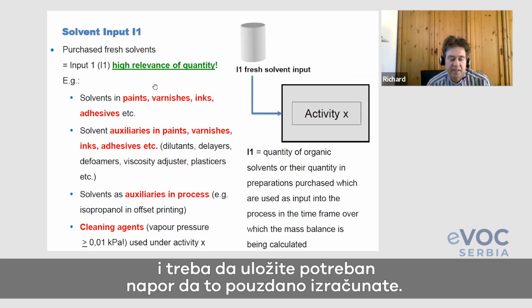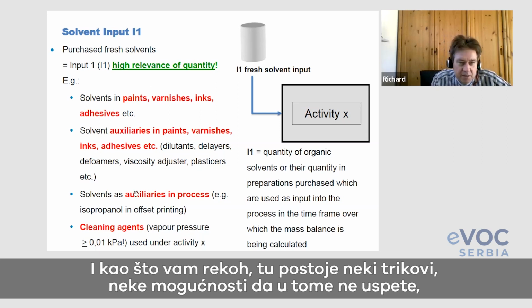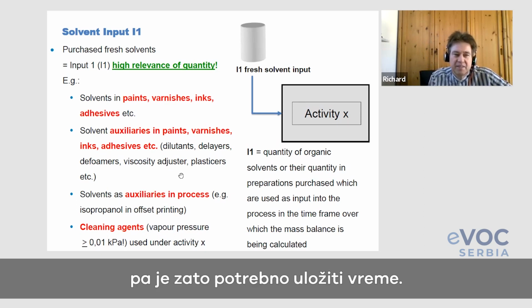You should take a lot of care and effort to get a reliable calculation of the solvent input. And as I told you, there are some tricks, some possibilities maybe to fail. So here it is necessary to spend time.